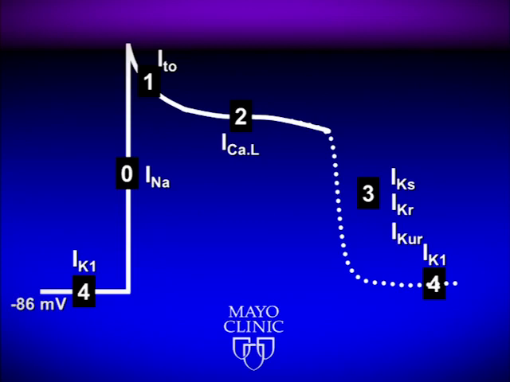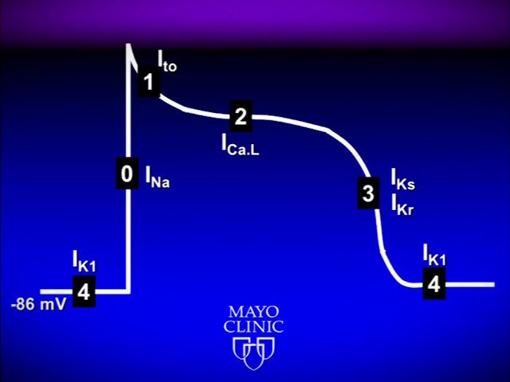The atria has much more abundance of IKUR than the ventricle does, and that's why its configuration has a shorter plateau period, a faster phase 3 repolarization because of the presence of an extra repolarizing force, an extra potassium channel population.